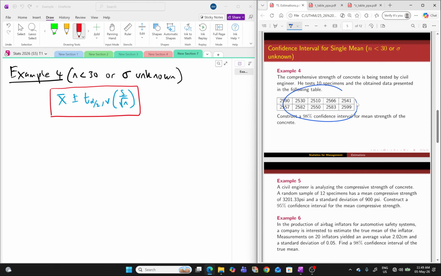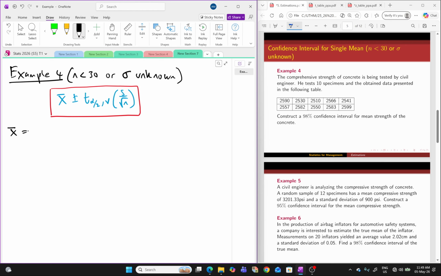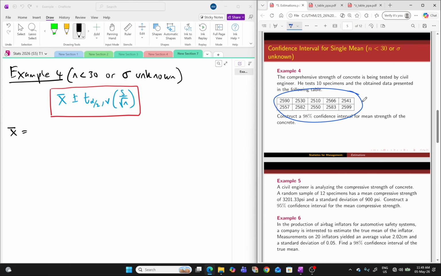How to calculate the mean for this one? Plus all, divide by 10. You plus all this, plus this one, plus this one, divide by 10. Sorry, not 8, 10.